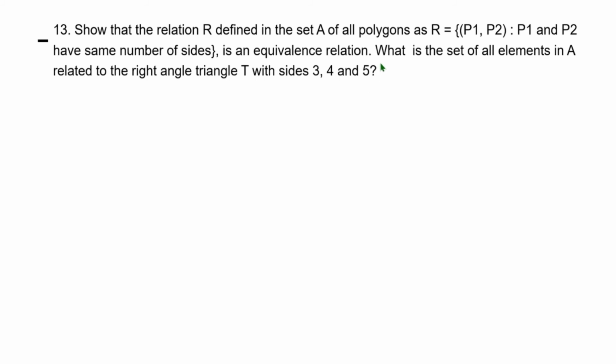The next part is, what is the set of all elements in A related to the right angle triangle T with sides 3, 4 and 5? The relation is given by the set of all ordered pairs (P1, P2) such that the polygons P1 and P2 have the same number of sides.